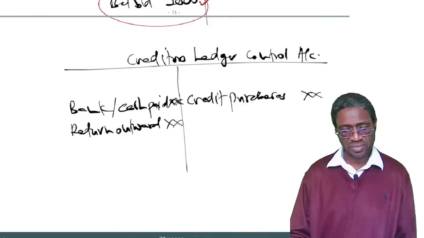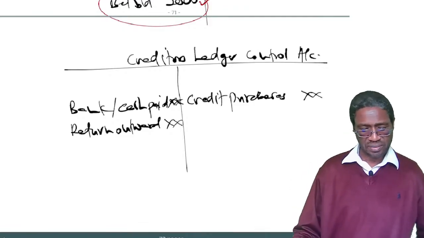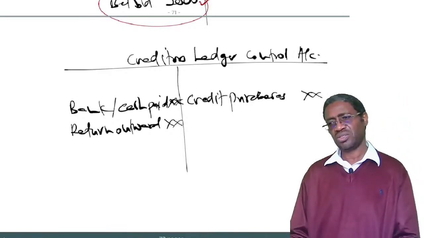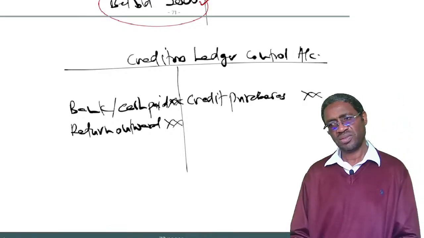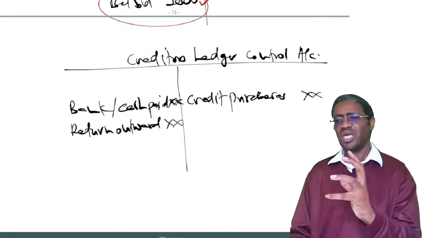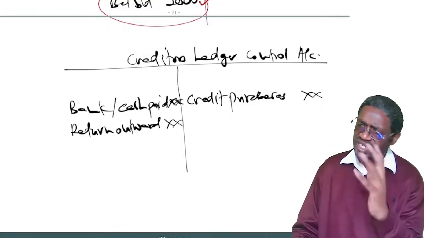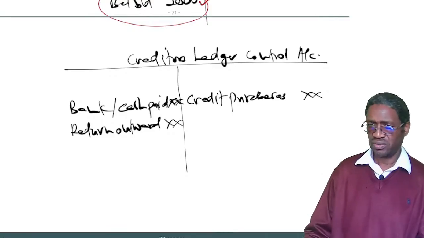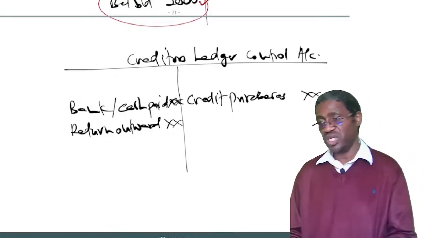Good. Another point. These creditors told you that if you don't pay them within 30 days, they will charge you interest.